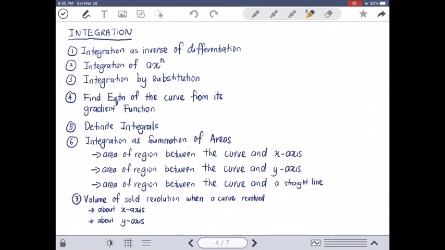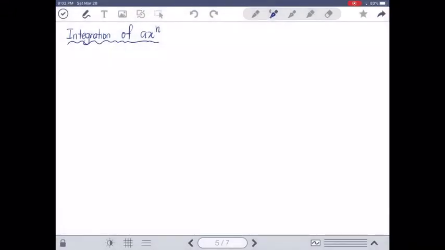Okay, so we are done with the first subtopic. Now we are going to have a look at the integration of the form ax to the power of n. Before we start, let's have a look at a few important formulas.